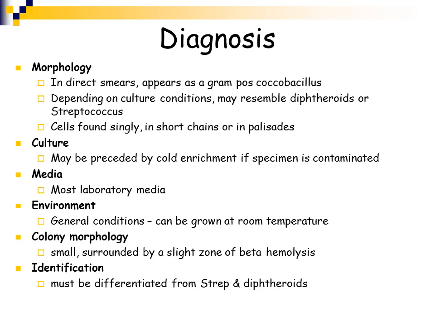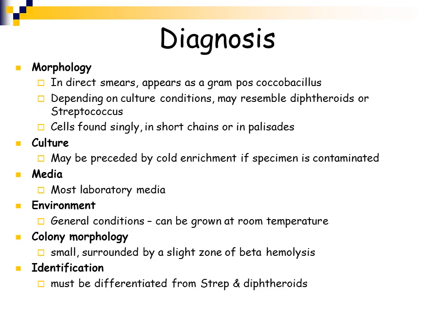By putting it in the refrigerator, it'll inhibit the growth of some of those normal flora organisms and contaminants, and it will allow the Listeria to grow, so you have a better chance of isolating your Listeria from a mixed specimen. The organism will grow on almost any laboratory media.